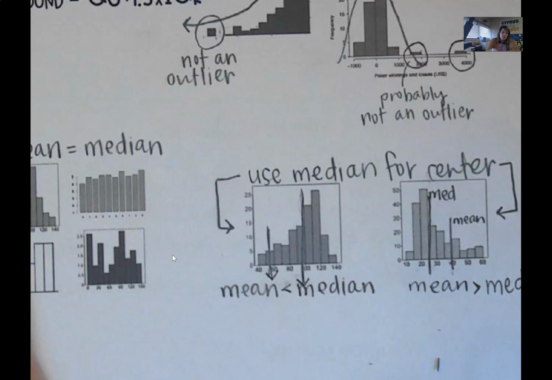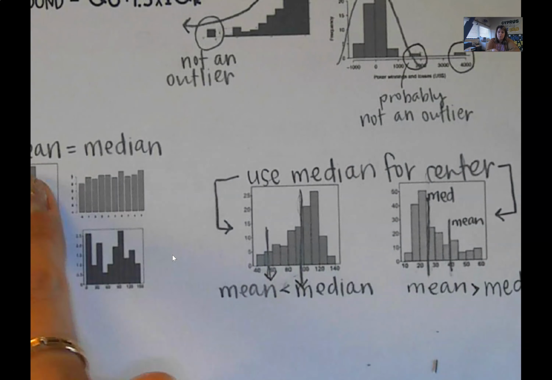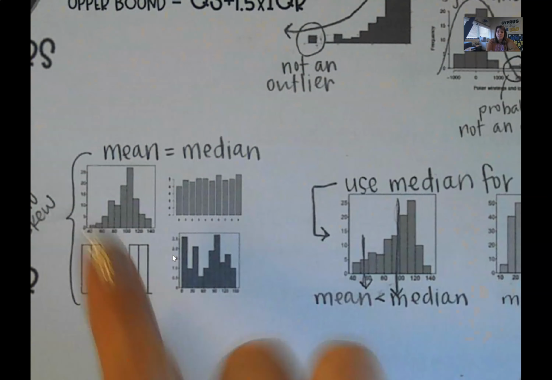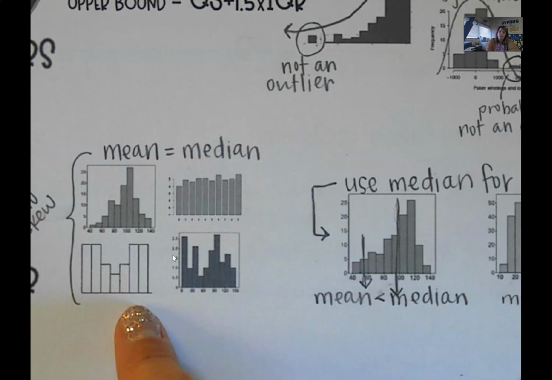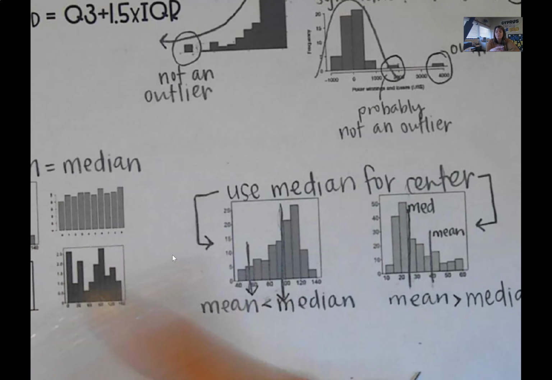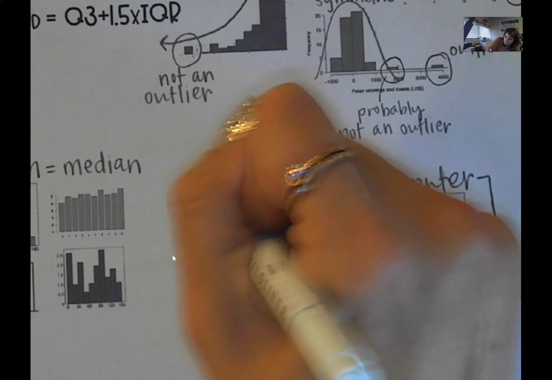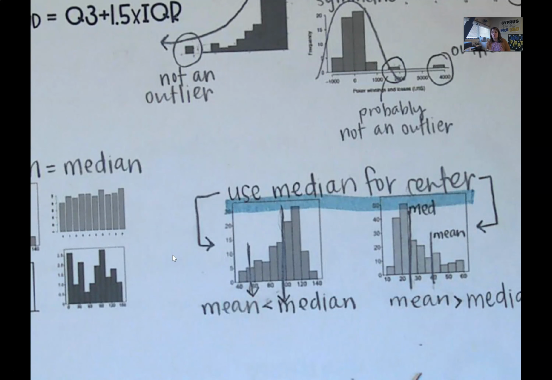So if there is no skew, you use the mean, because the mean takes into consideration all of the data values, and that is better. But if there is skew, you don't want to use the mean because the mean is being pulled toward the skew or toward the outlier. So I'm going to highlight that in this case, I want to use the median for center.